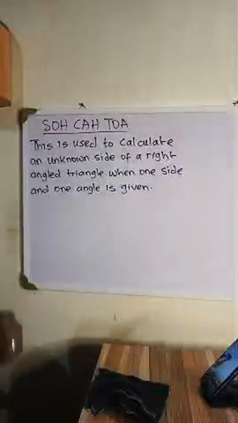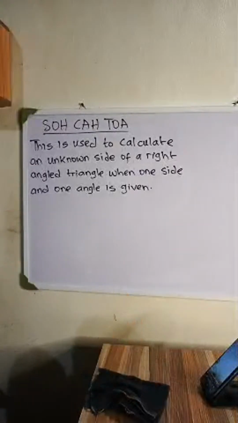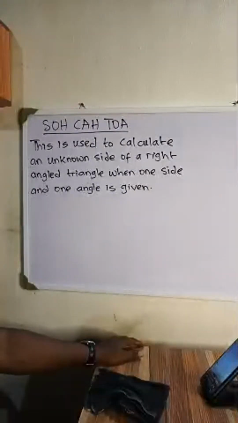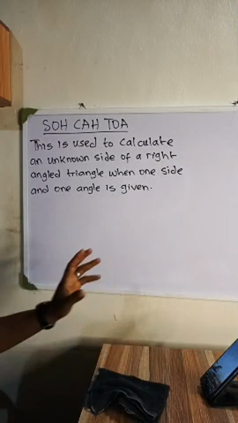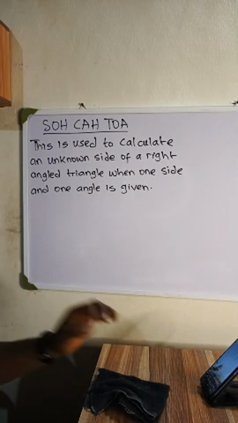So whenever you have a situation where you are given one side, you're given one angle, and you're expected to find one of the sides of the right angle triangle, then you cannot use Pythagoras theorem. You can only use Sohcahtoh TOA.